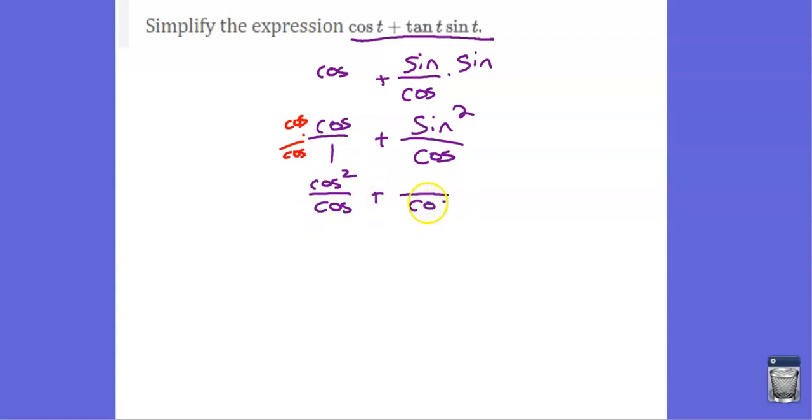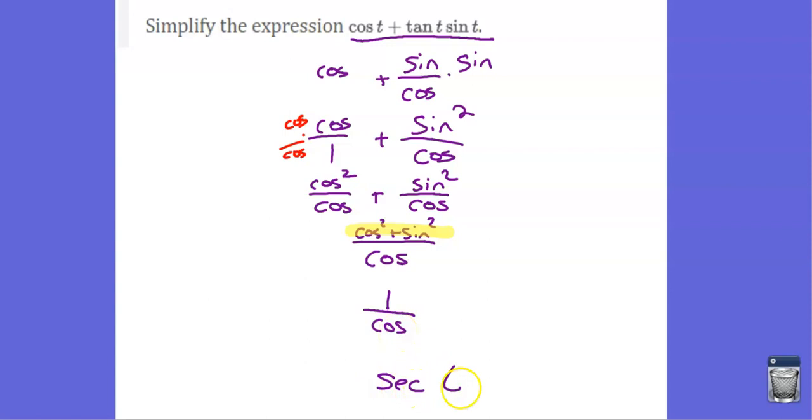And notice they have common denominators now, so we're going to combine them together. You should recognize this identity: cosine squared plus sine squared is 1. And then 1 over cosine, we can simplify to secant. So this would be my final answer.